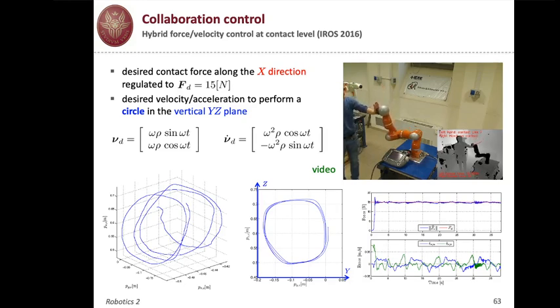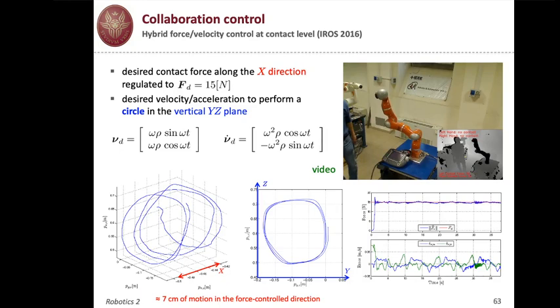And you see that the circle is being slightly deformed here, and also while the video is still running, there is about 7 centimeters of motion in the force control direction. And this is because the human is not able really to apply a constant force. So it's adapting to the reaction of the robot until the robot will estimate 15 Newton of contact.